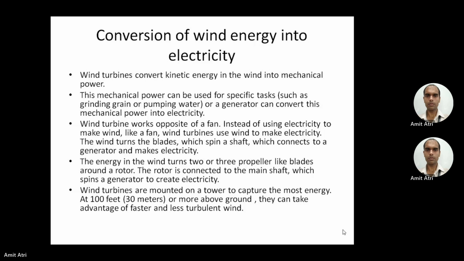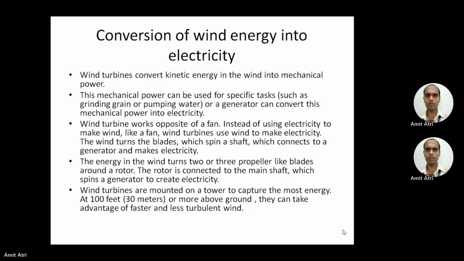So the working of a wind turbine is opposite to that of a fan. In a fan, what is happening? The electricity that is supplied is converted into mechanical energy, which is available at the wings or the blades of the fan.